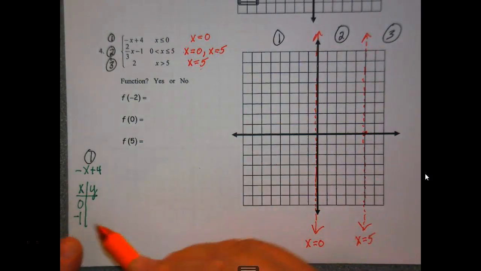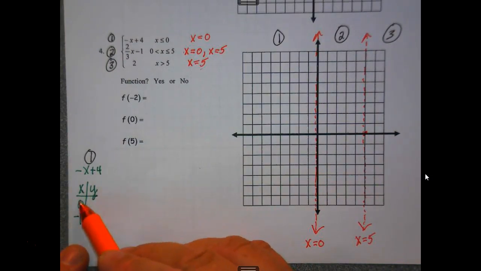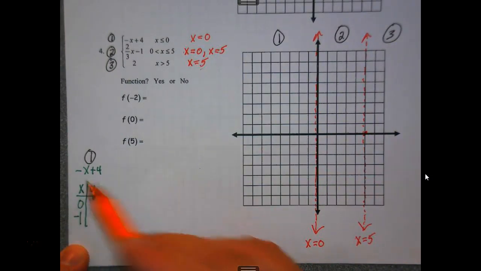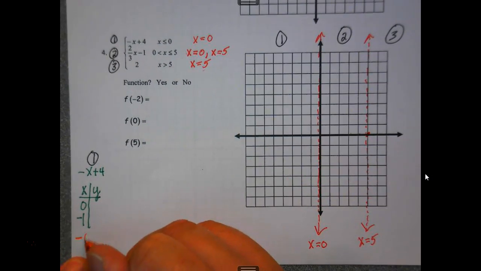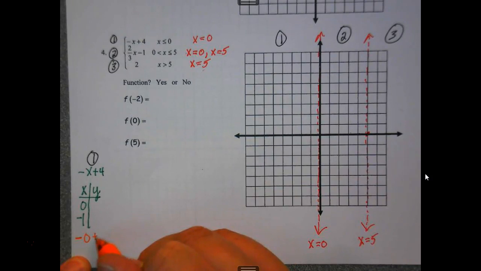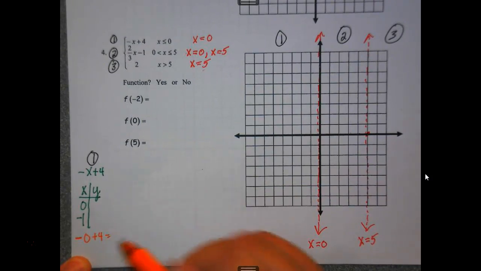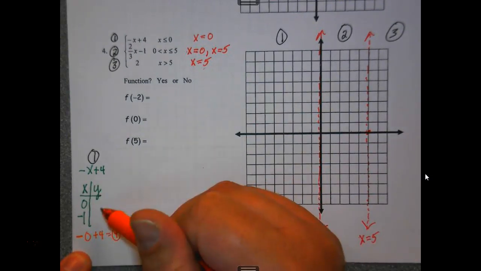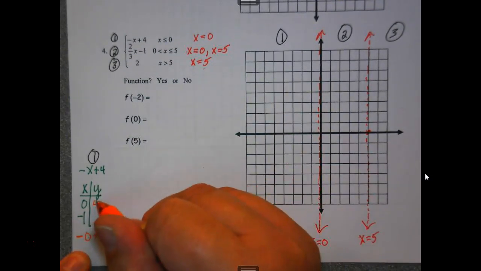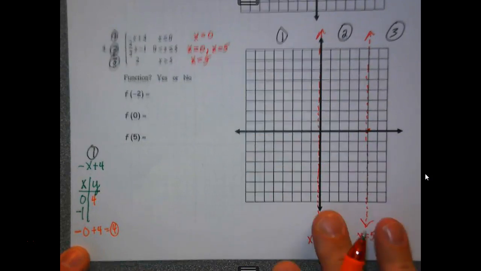All right, so I'm going to put my actual value for x into the function. I substitute in 0 for x, add 4, and 0 plus 4 is 4. So when my x is 0, my y is 4.